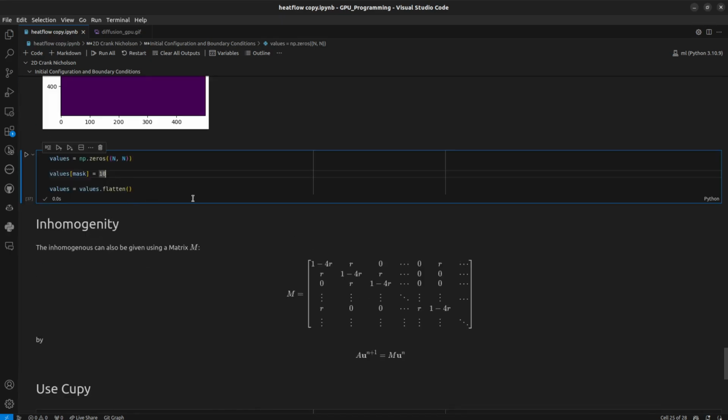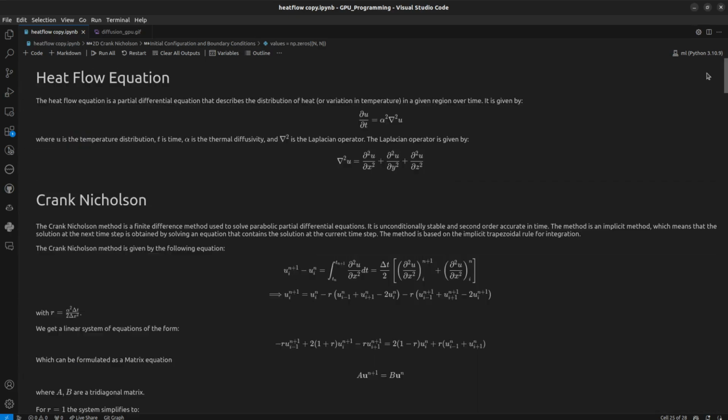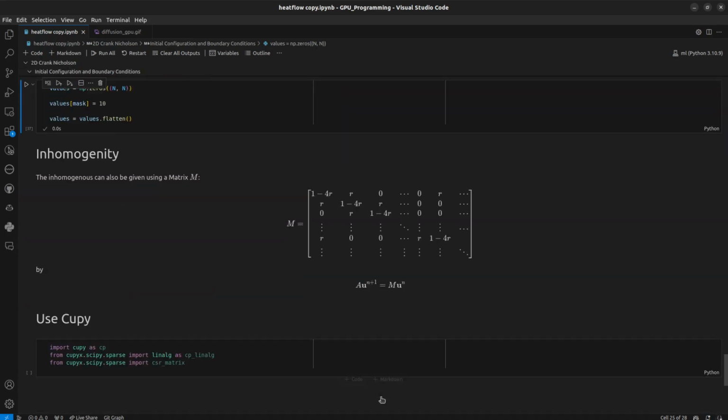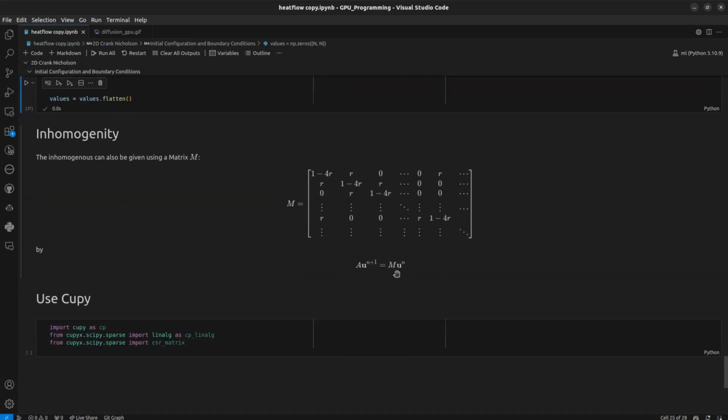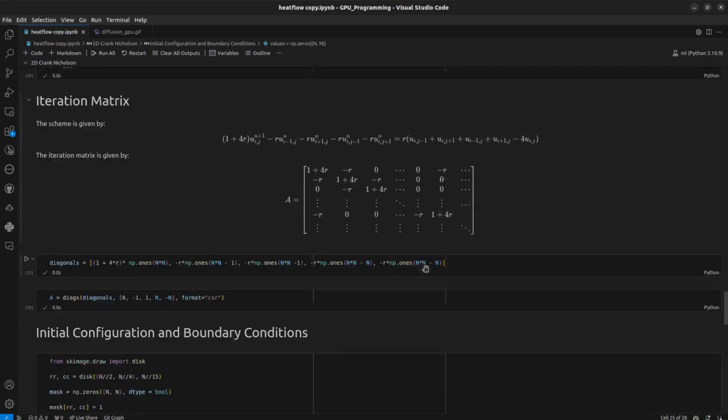Okay, now that we have our initial configuration and our boundary conditions set, we have to think about the right-hand side, where we have this matrix B, here, this matrix M. Similarly to what we did for the matrix A, we're going to take this, and the only difference is that the spacing is going to be exactly the same, but the main diagonal is just going to be negative 4r, and all other values are just going to be r.